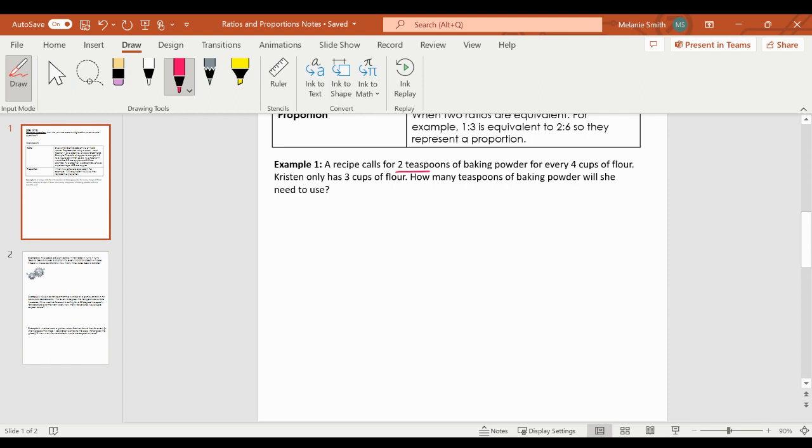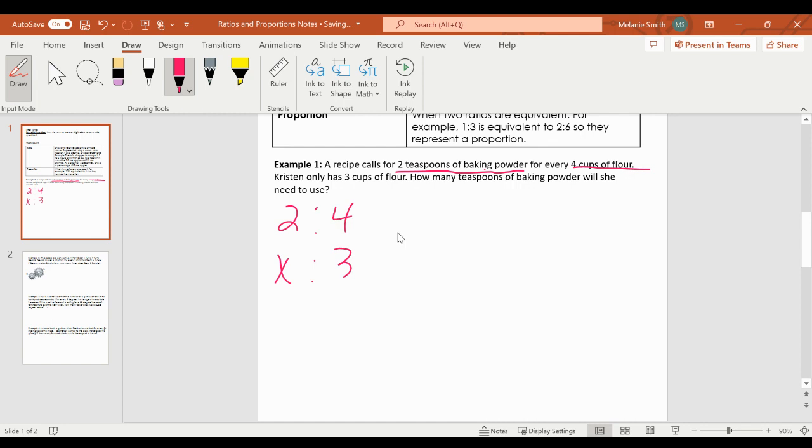So I'm going to say 2 teaspoons of baking powder for every 4 cups of flour. So the ratio of baking powder to flour is 2 teaspoons to 4 cups. And I want to know what number would go in here if she only had 3 cups.